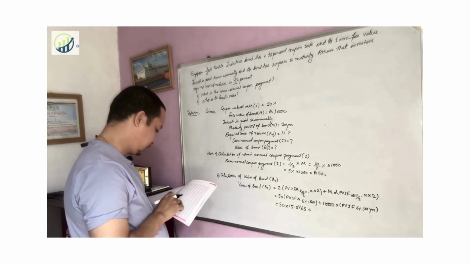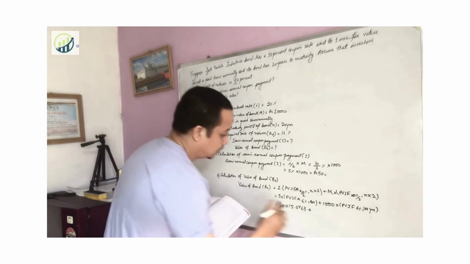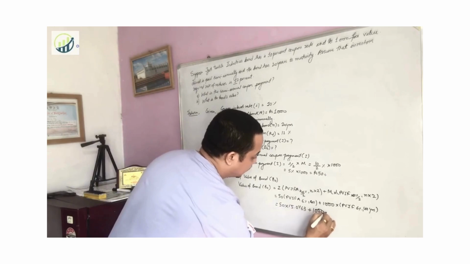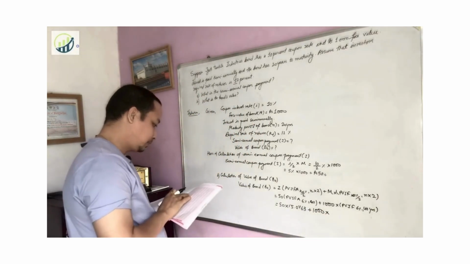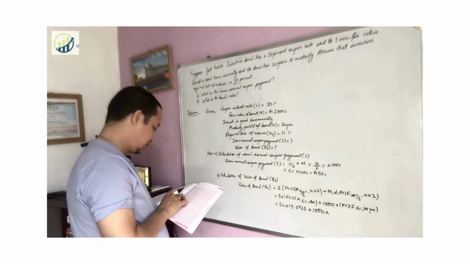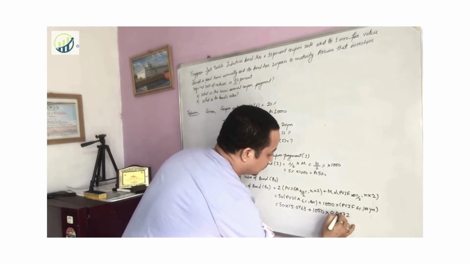And again here 1000 into PVIF, 6%, 40 periods, 0.0972.